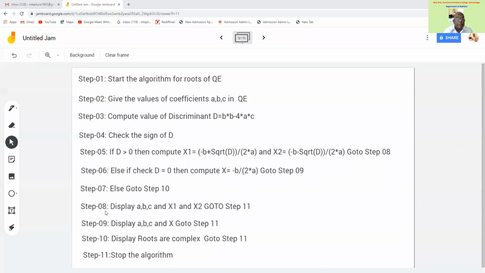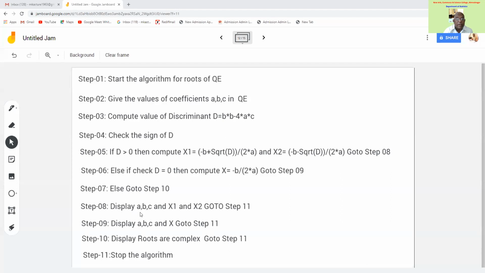See step number 8. That means what? I am skipping step number 6 and 7. For the case d greater than 0, I am skipping steps 6 and 7. I will be coming to step 8 here. What this step 8 says is display a, b, c and x1, x2.